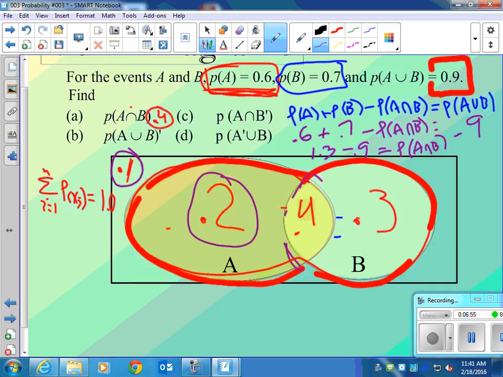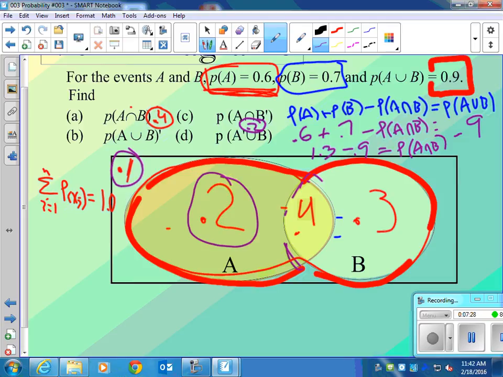We're going to intersect it with A. So A is the yellow part, which is circled purple and in a yellow bubble. 0.4, 0.2 are in the yellow bubble, but it has to intersect not B, so that's going to be 0.1 and 0.2. So the intersection is going to be 0.2, right?